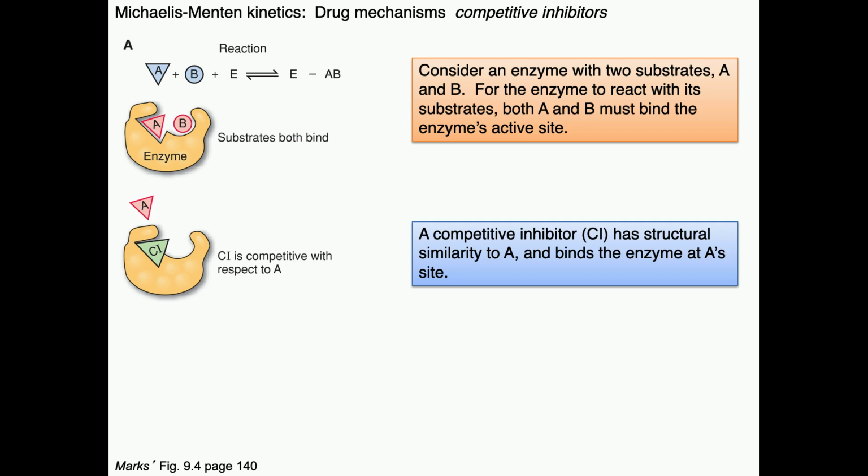So this CI here, this is a molecule that looks like the enzyme's natural substrate. Okay, so it can bind here, but when it binds here, it doesn't have the right chemistry to convert into a complex with B. Okay, and furthermore, it's preventing any A from binding to it.